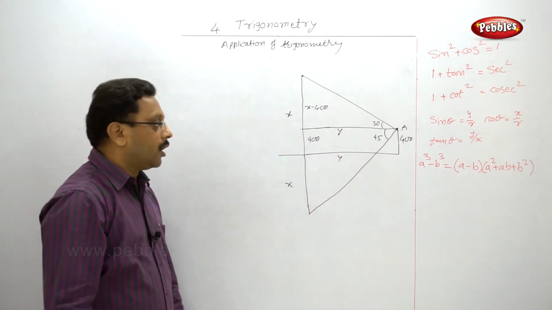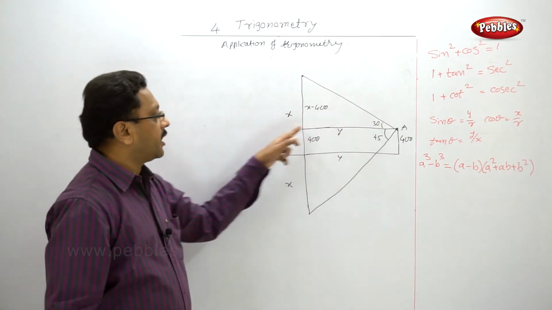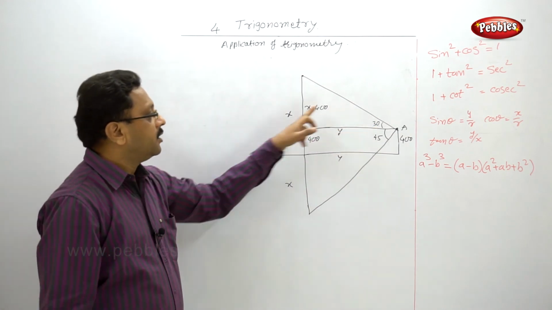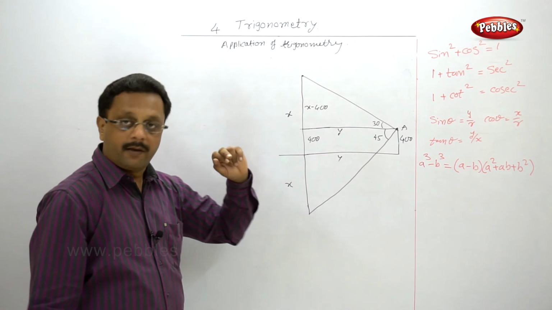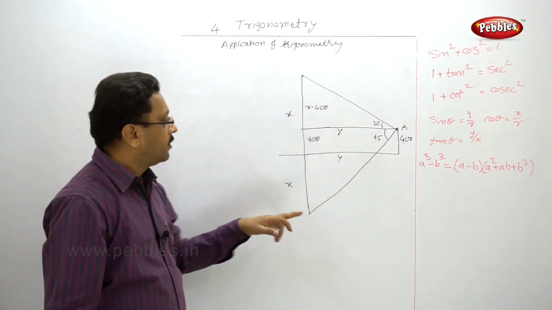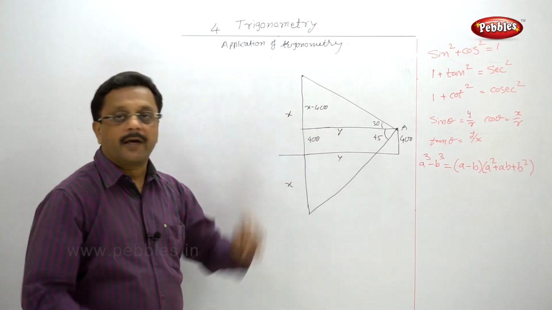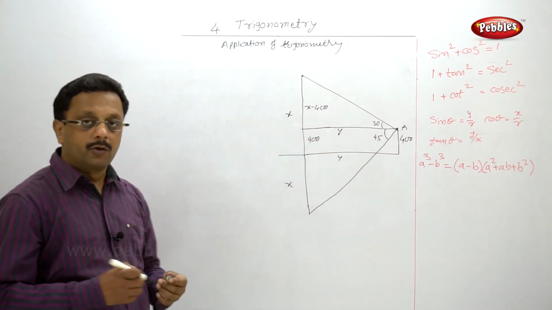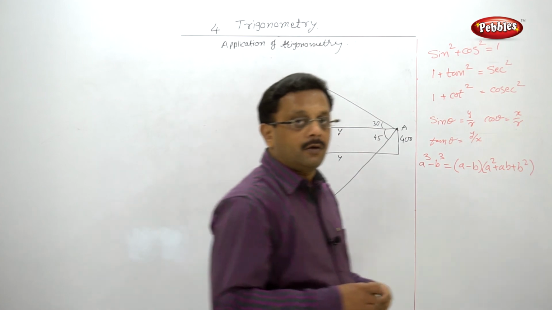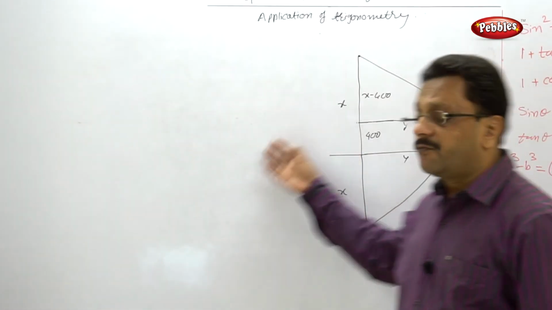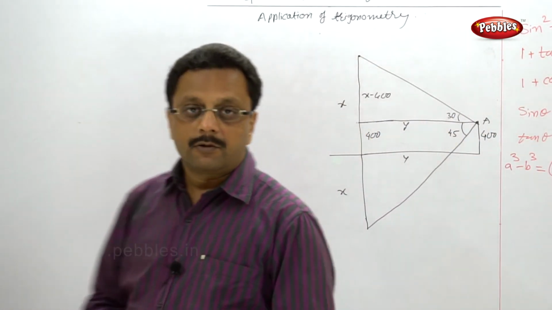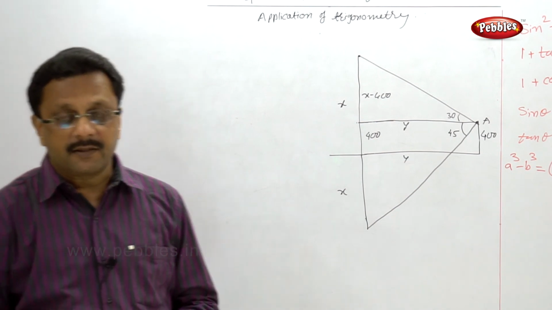So now we have got two triangles. One triangle is this. Tan 30 is x minus 400 upon y, and now tan 45 is x plus 400 upon y. Two equations, two variables. Once the figure is complete, solving this problem is very easy, isn't it?